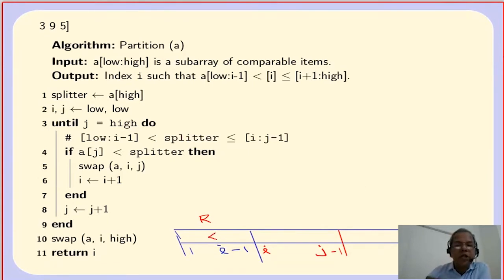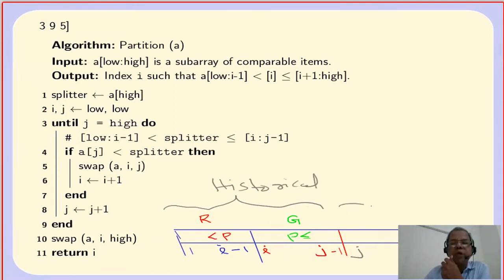This is less than pivot, green. Greater than or equal to the pivot. And this is the gray area, j to n. This is the scanned or historical input. This is the remaining input.